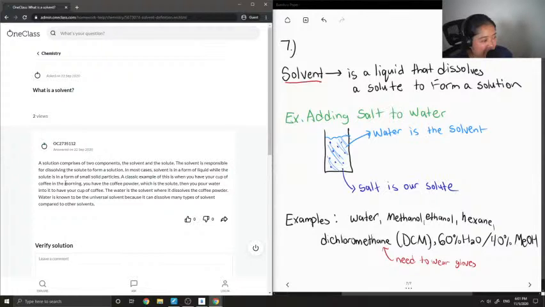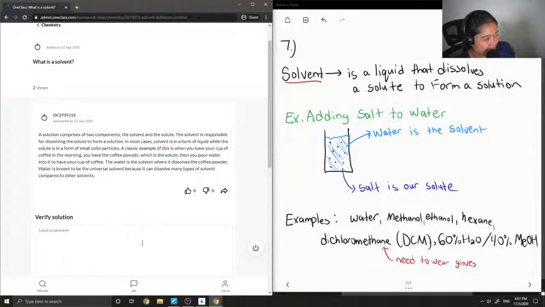And the water is the solvent, where it dissolves the coffee powder. Water is known to be the universal solvent because it can dissolve many types of solutes compared to other solvents. I'd be careful saying that water is the universal solvent because it can't dissolve some non-polar materials. The solution is correct.